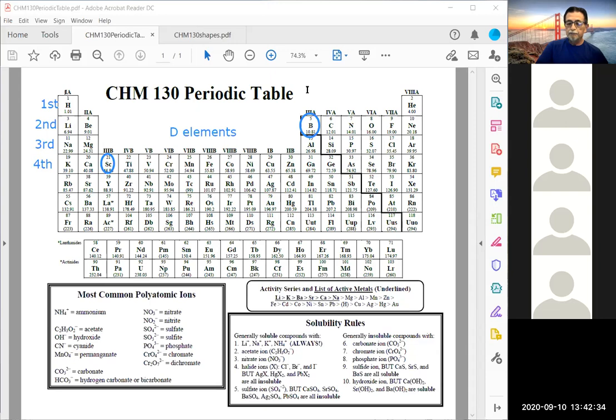That means that being in the second period, the first energy level is full. So we go 1s superscript 2, okay? 1s2, because boron has 5 electrons. The very first 2 electrons will occupy the innermost energy level, which is 1s2.